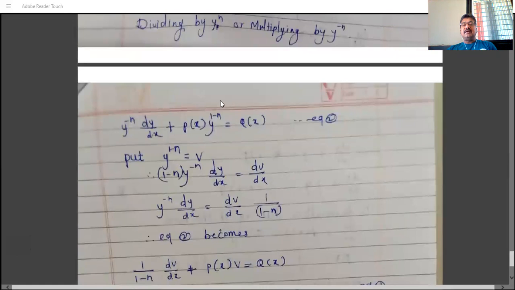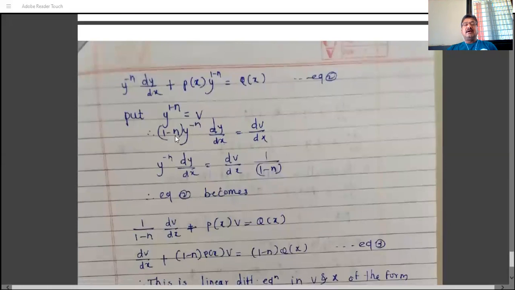Then substitute y raised to 1 minus n as v. Differentiate both sides with respect to x. The derivative of y raised to 1 minus n is, by the power rule, 1 minus n, y raised to 1 minus n minus 1, that is minus n. Like the derivative of x raised to n is n x raised to n minus 1.